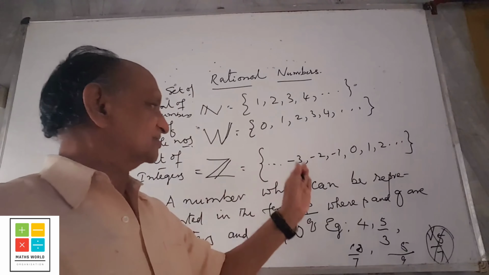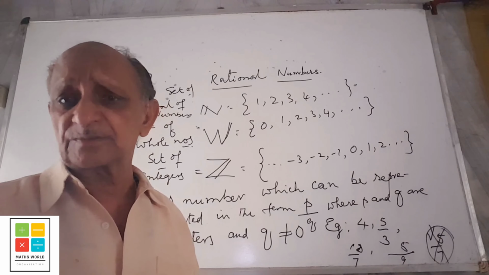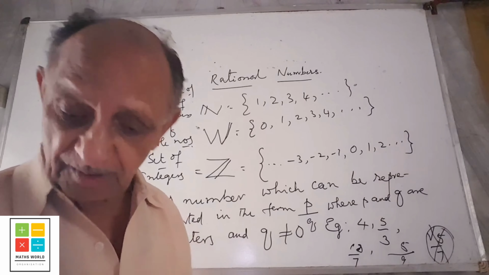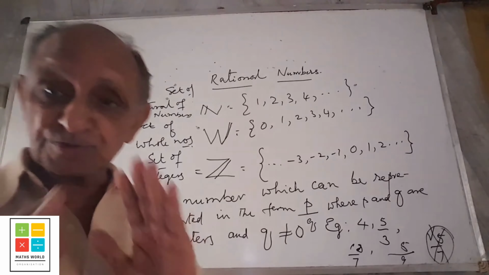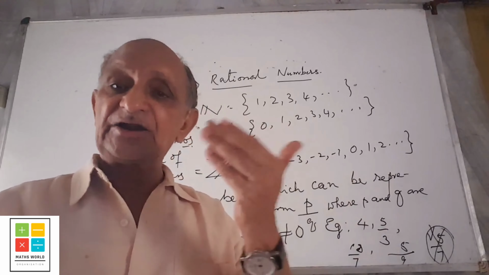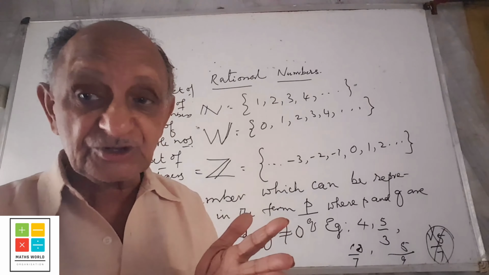Integer means whole numbers like this, maybe positive or negative, that doesn't matter for us. So, what is a rational number? Any number which can be expressed as P by Q, where P and Q are integers, Q is not equal to 0.